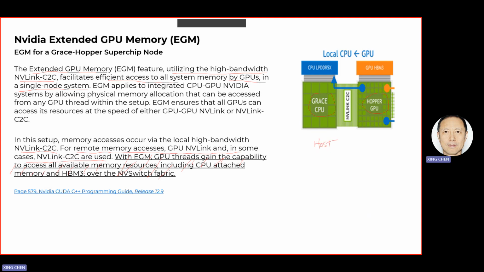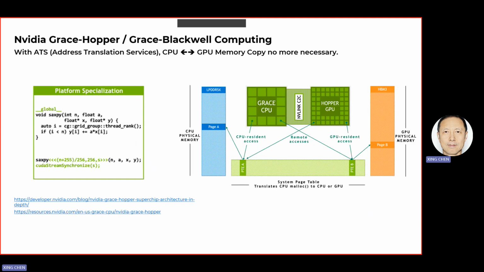Okay, we have covered these features and evolutions: NVLink, C2C, ATS service, SMU, EGM, extended GPU memory. We put everything together. What's the benefit for the programmer?